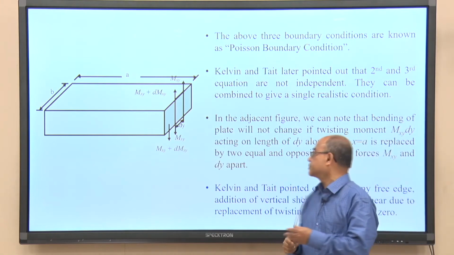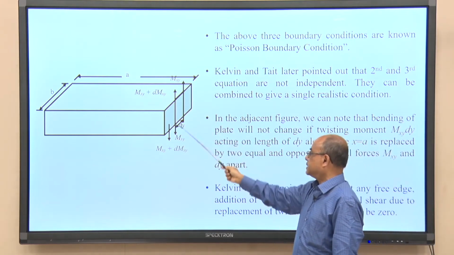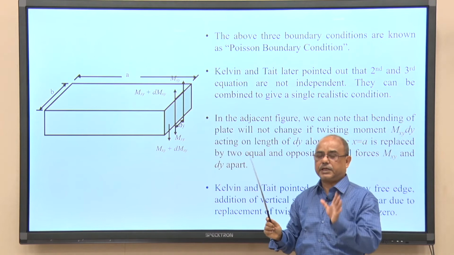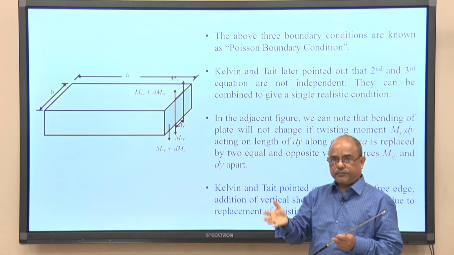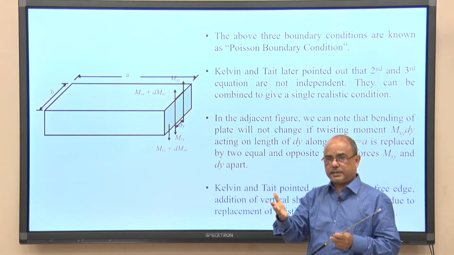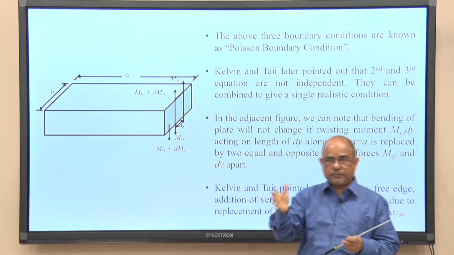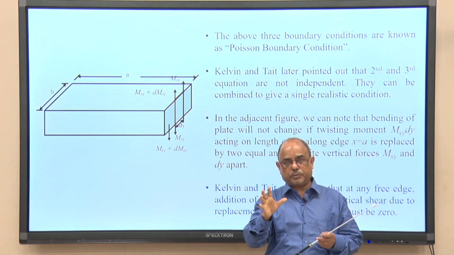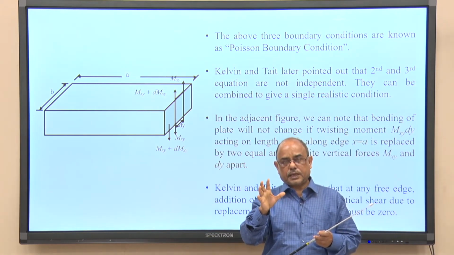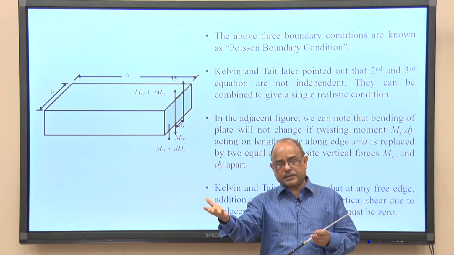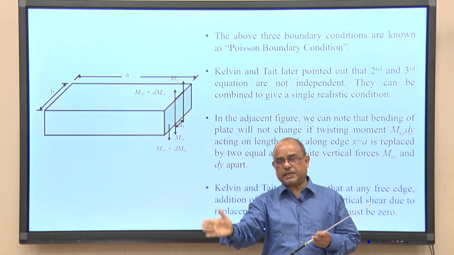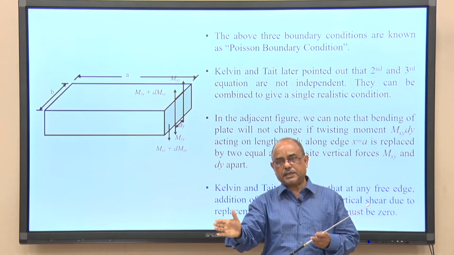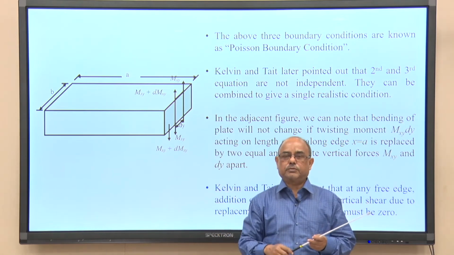Kelvin and Tait pointed out that at any free edge, the vertical shear is already there. So, on this edge the vertical shear q x is already there. If q x is added to the shear force generated due to twisting moment, and then it is equated to the effective shear, then it will represent the true boundary condition.